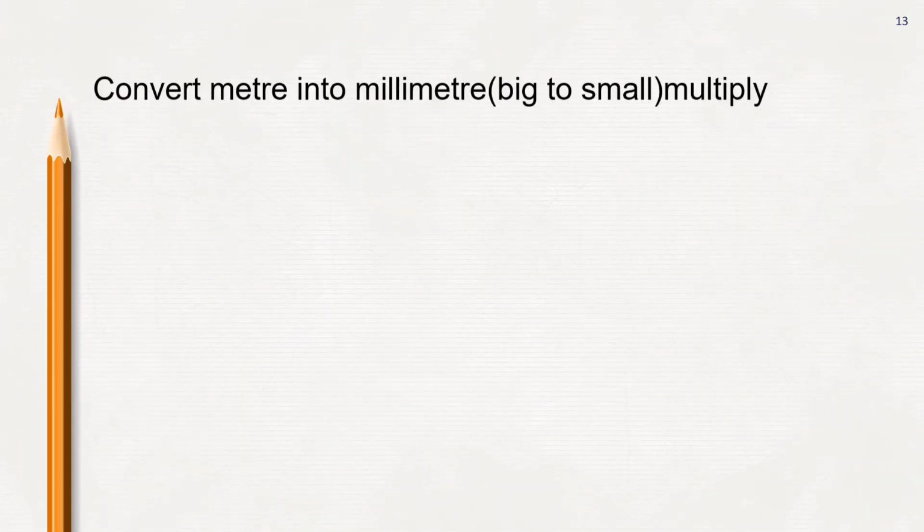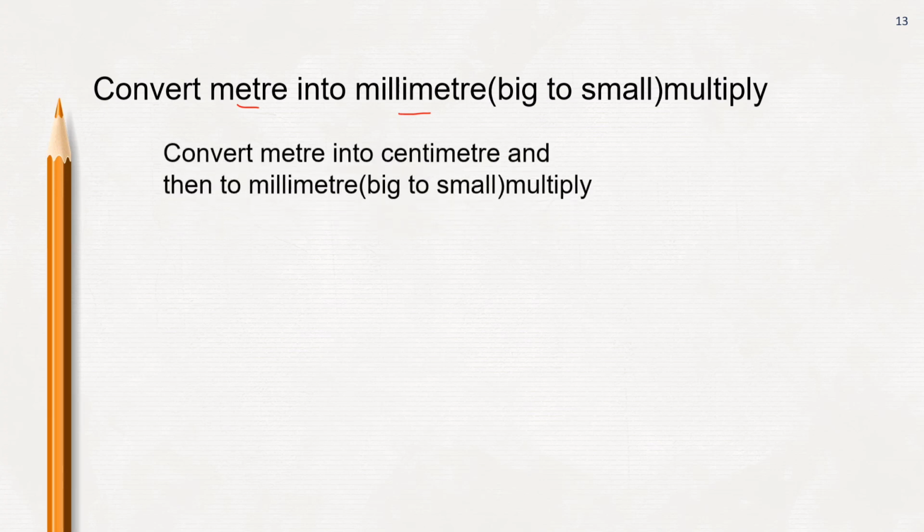Here we'll have to convert meter into millimeter. Meter is the bigger unit and the smallest unit is millimeter, right? So from big to small, we'll have to multiply. Here first we have to convert meter into centimeter and then to millimeter.